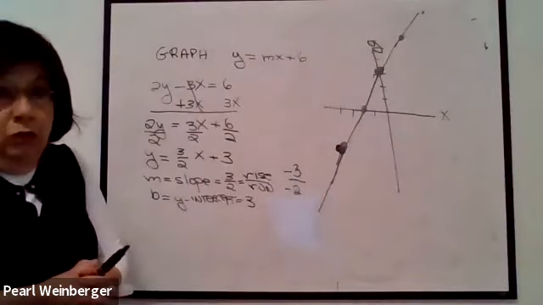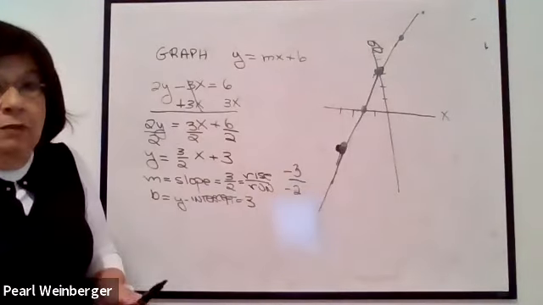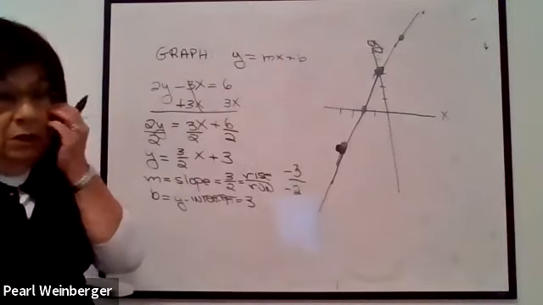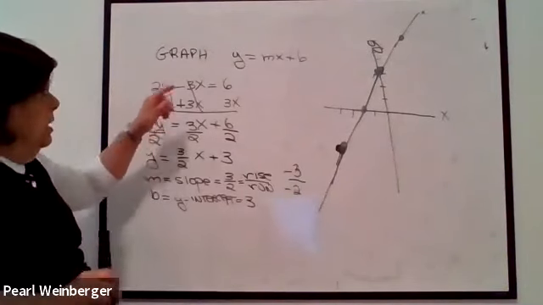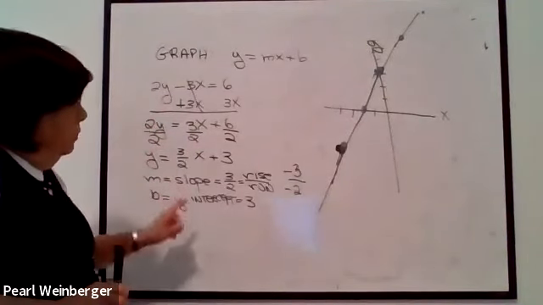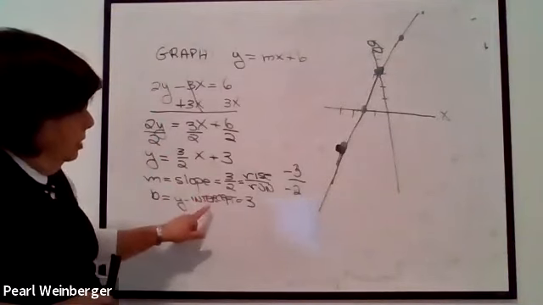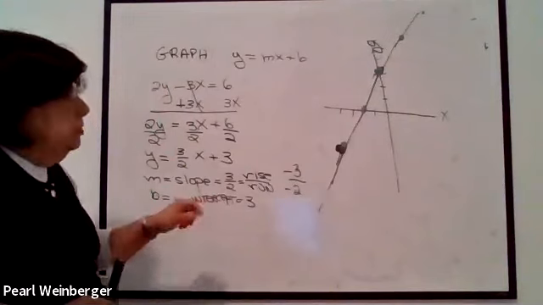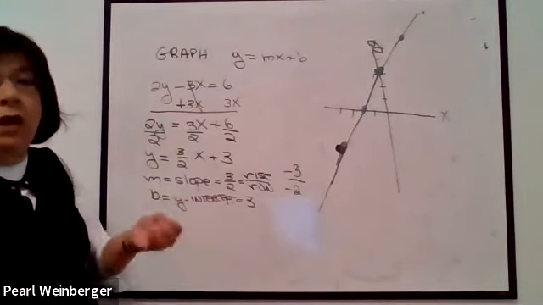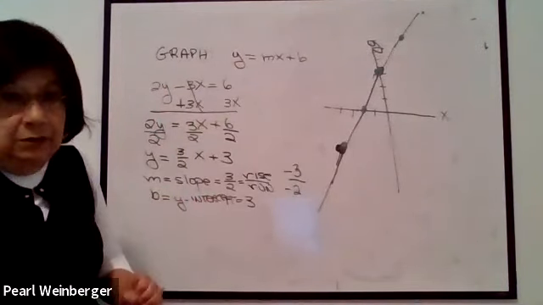Okay, if there's no questions about this, then I want to mention something else that we can find about the line. If you notice, we talk very much about something called the y-intercept, the place where the line crosses the y-axis.